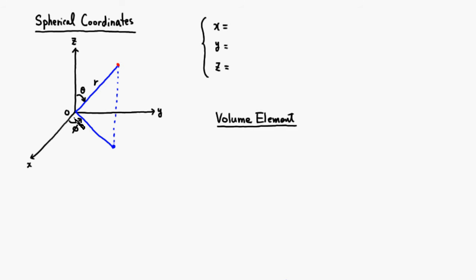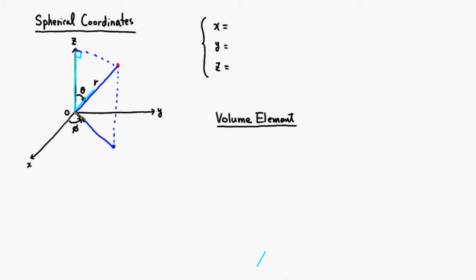Let's try to find the first one, the z coordinate. If you look at the z coordinate, you can visualize this right triangle here.